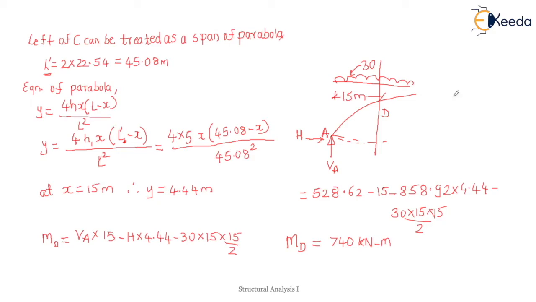Now we also need to find out what is the normal thrust at this point, and then what is the radial shear. For that we also need theta, the slope at this point. So let's calculate theta now.